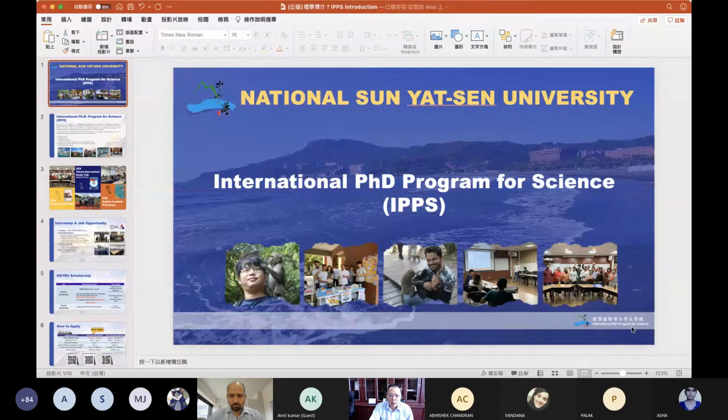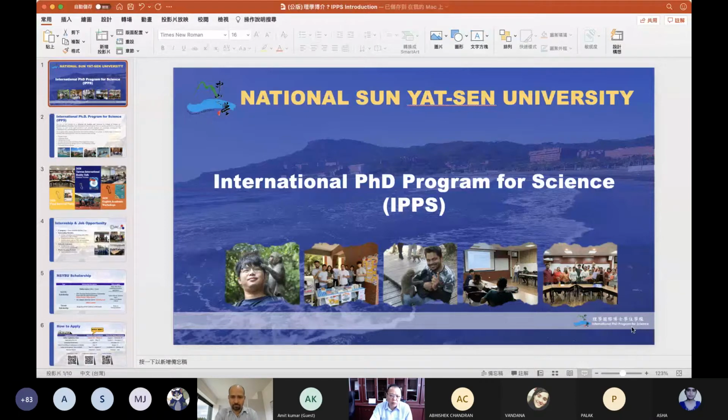Okay, so in our university, we have 4 medical related institutes. The first one is the Biomedical Science Institute, and the second one is the Medical Science and Technology Institute. And we also have the Precision Medicine Institute and the Pharmaceutical Institute.